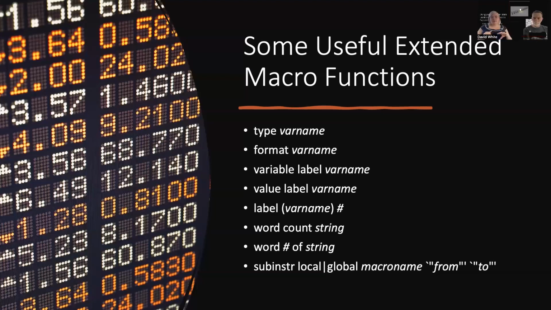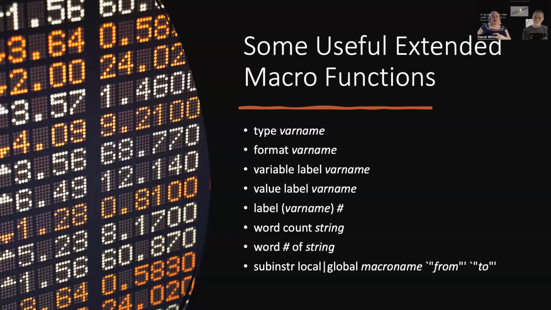You've got value label. This will extract the name of the value label that you have attached to a numeric categorical group. Again, in the auto data set, if I were to use this on the foreign variable, I would get the word origin in my macro, because origin is the name of the label attached to the foreign variable.